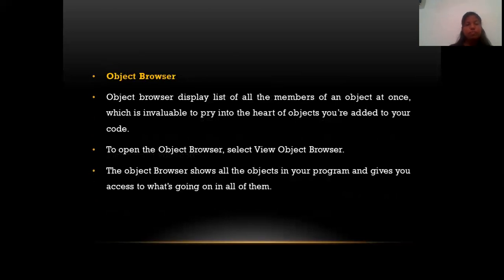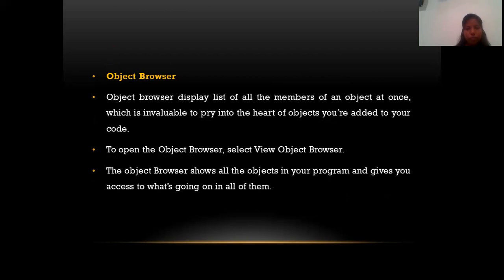The next part is the object browser. It is one of the IDE tools and it can display a list of all the members of an object at once, which is invaluable to pry into the heart of objects in your code. To open the object browser, select View, Object Browser. The object browser shows all the objects in your program and gives you access to what's going on in all of them.